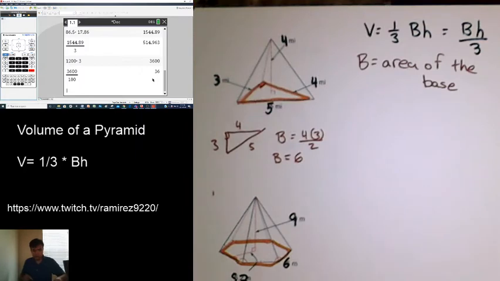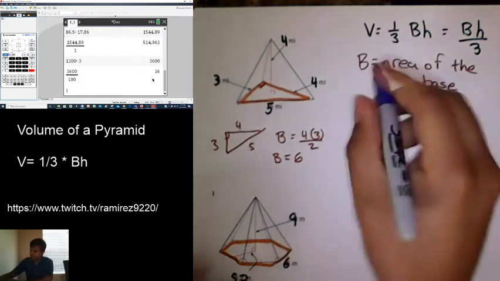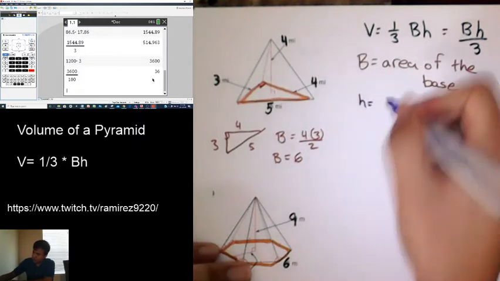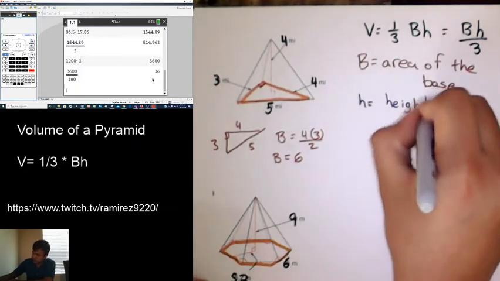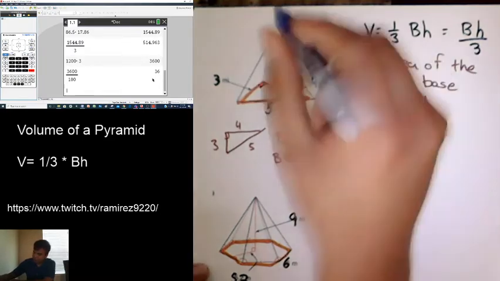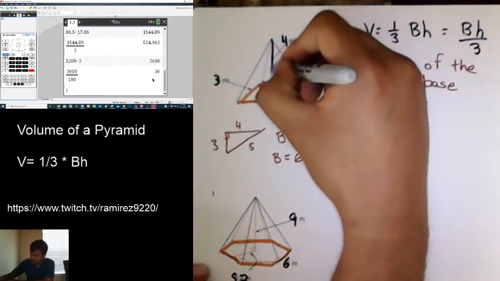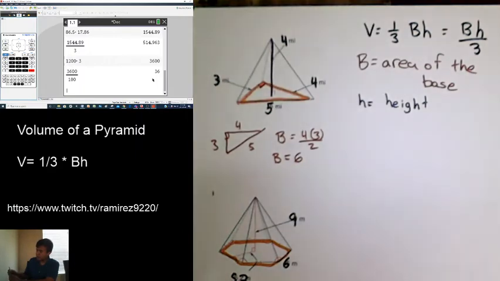H stands for the height of the figure. And usually it's going to be given. There'll be times when it's not. And depending on the base, it might allow itself for you to do Pythagorean theorem.